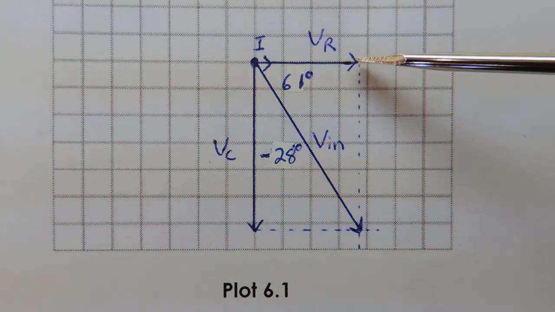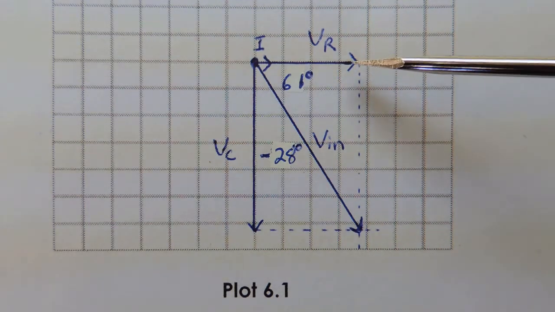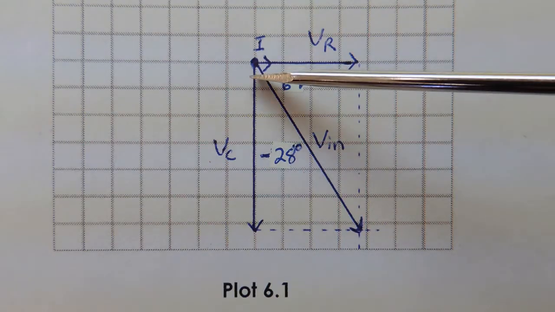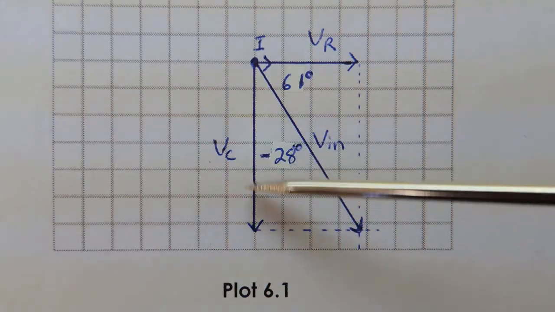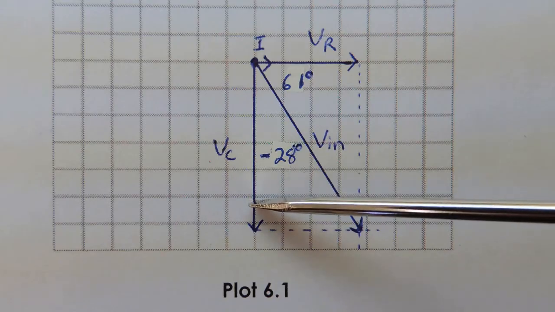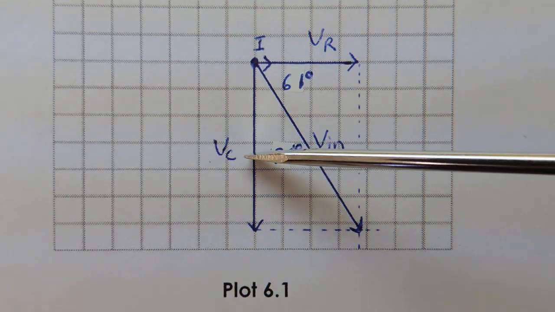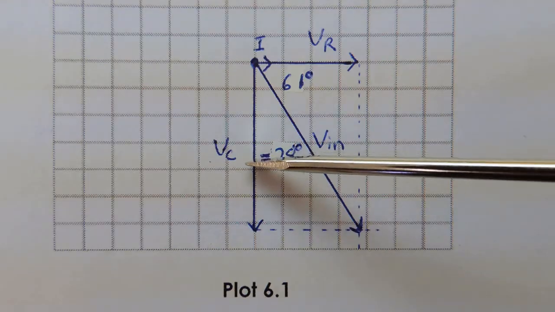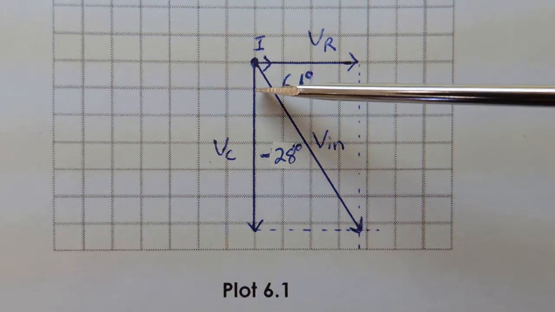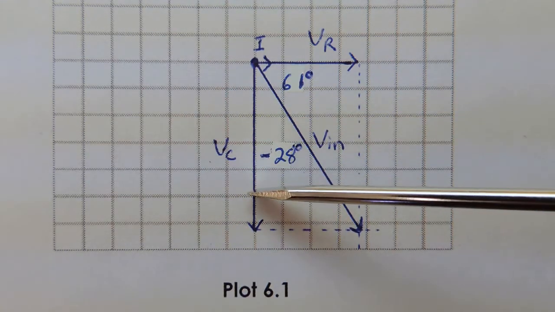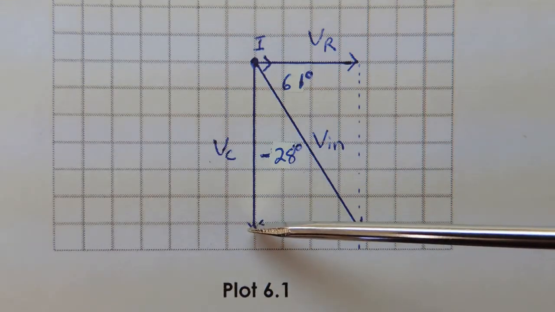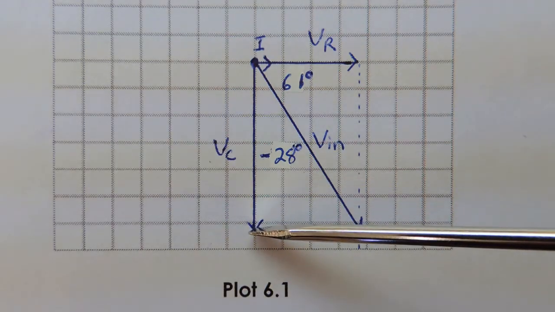You don't have to be 100% accurate. Remember, VC, that's minus J, so VC goes down 90 degrees. So in my case, VC was 633 millivolts, so 1, 2, 3, 4, 5, 6, and about a third of a division.